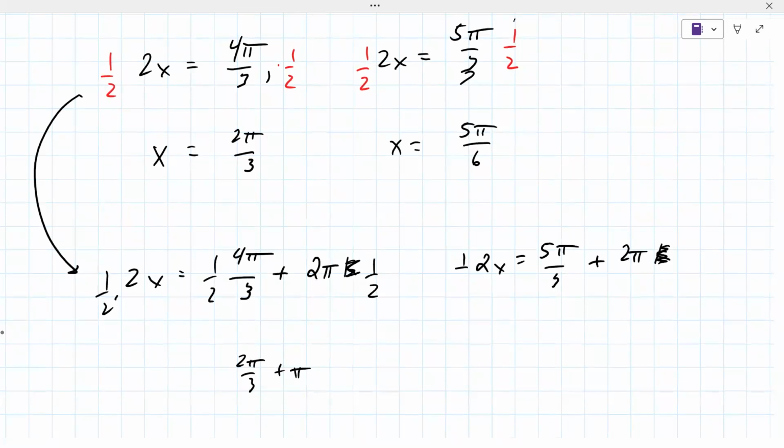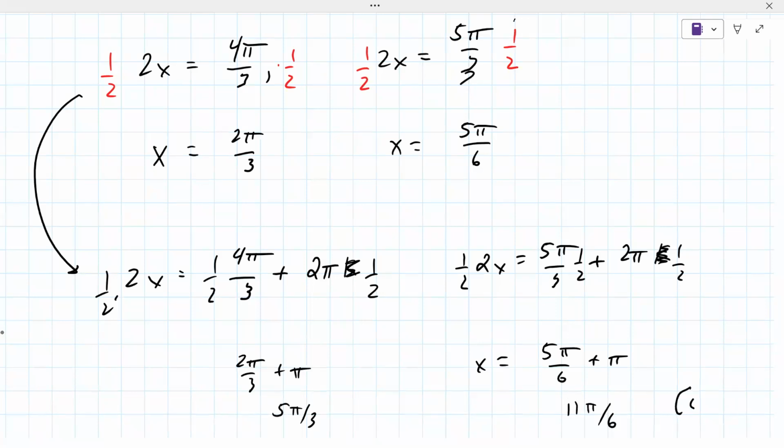And then it's the same thing on the right here. It's 5 pi over 6 plus pi. Okay. And then you do have to actually figure this out. This ends up being 5 pi over 3, and this ends up being 11 pi over 6.